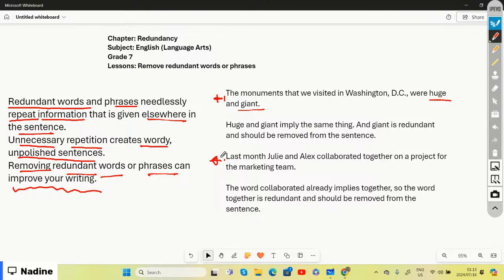In this case, if we look at the word collaborated, the word collaborated already implies that it is together.